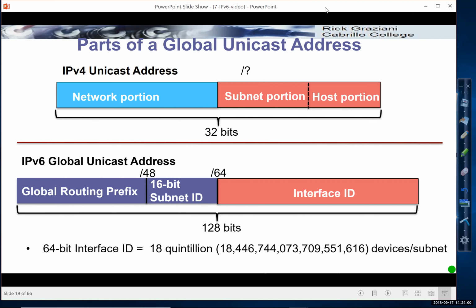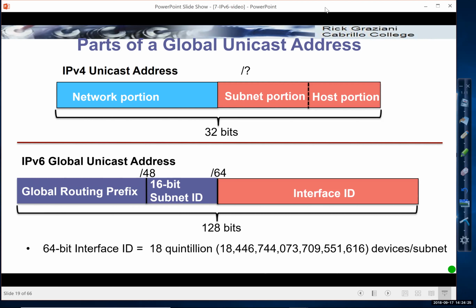There's a reason for that, because we want to use something called SLAAC, stateless address autoconfiguration, for many of our devices. So the host portion, the interface ID, is usually 64 bits. The space between the global routing prefix, what we get from our provider, and the interface ID is our subnet ID, in this case 16 bits.